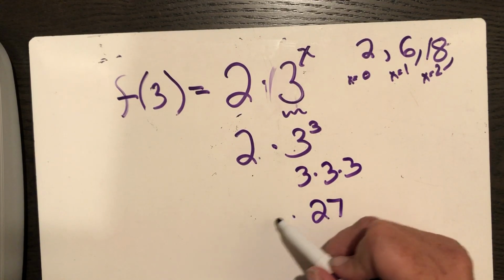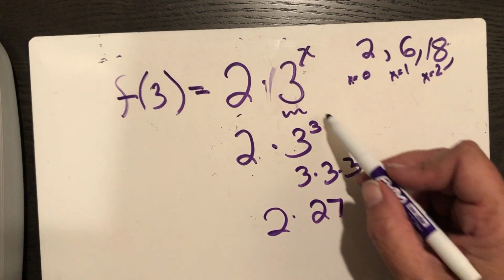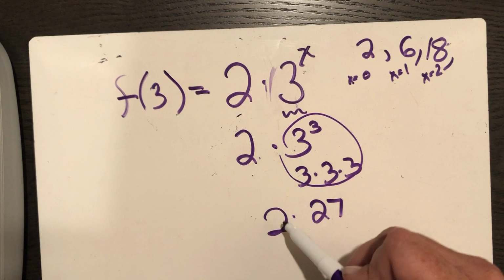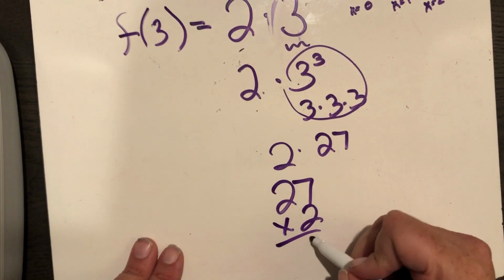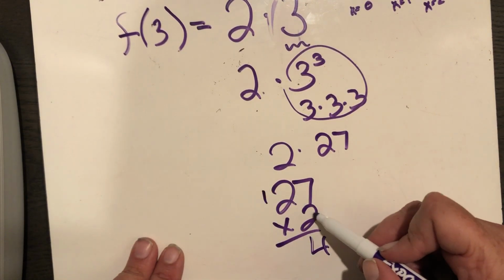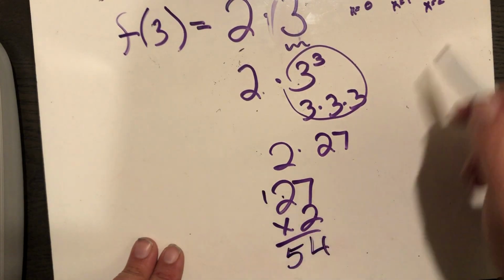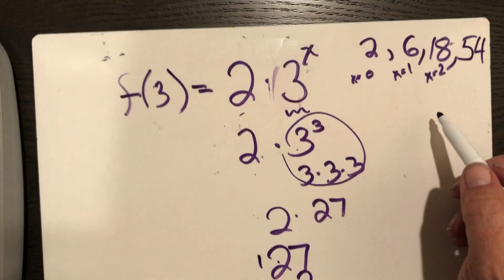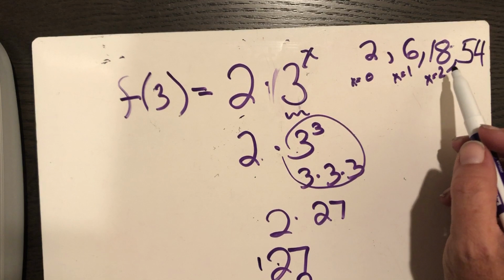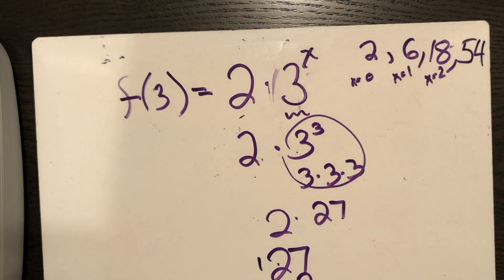And that's 2 times 27. Notice I handled the exponent first. Now I'm multiplying by 2. 27 times 2, 54. And if you multiply each of these by 3, you get the next term. So you see that the rate of change keeps working.